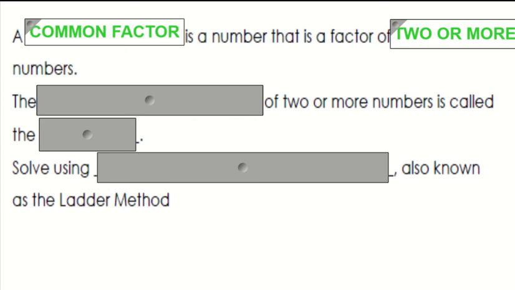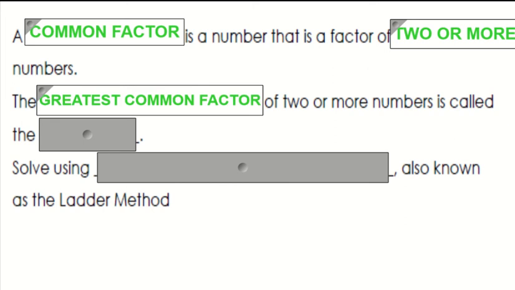All right, so what we did with those factor trees and prime factorization was we broke them into factors, okay? So factors are basically the numbers that go into a number, okay? We were specifically using the prime numbers for that. For the greatest common factor, or the GCF, we're not necessarily going to use the prime numbers. We're going to find the biggest number that goes into each of them.